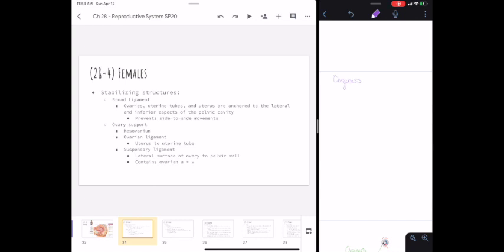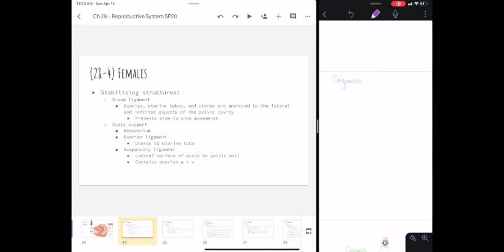So it's covering the ovaries, the uterine tubes, formerly known as fallopian tubes, but we're going to call them uterine tubes, and the uterus. And this is preventing side-to-side movement. So this is all retroperitoneal, and it doesn't have any mesenteries or any of those folds to hold it in. So these are what we use in the pelvis in order to keep things in place.